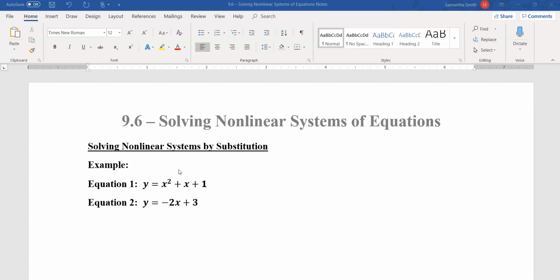So we did systems of equations before Christmas break. It was quite a while ago, but we did solve systems of inequalities after Christmas break.